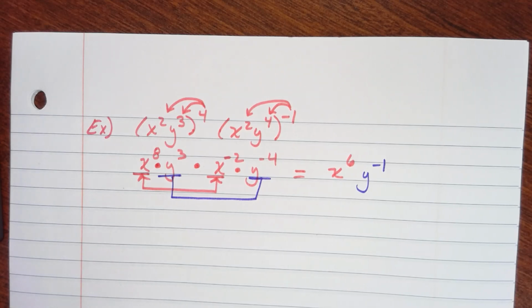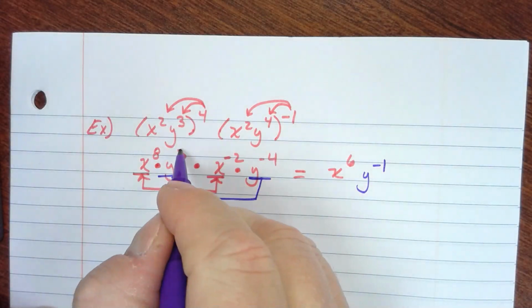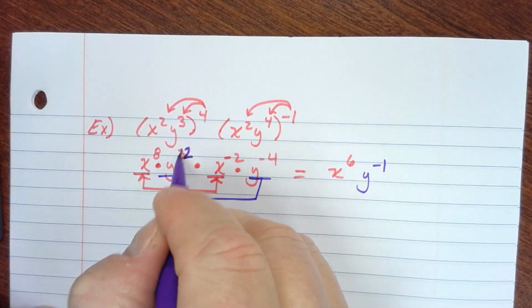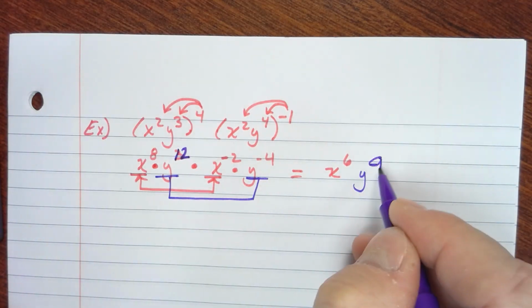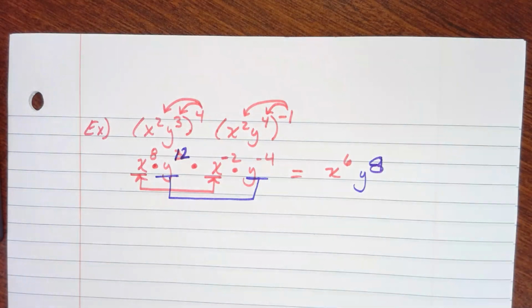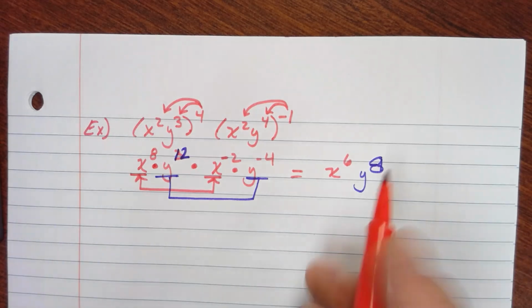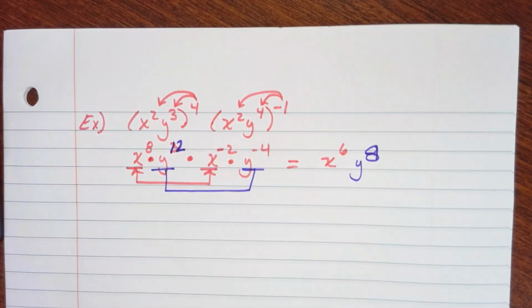If I did it right, but I didn't multiply correctly here, did I? That should be a 12, which means this is a y to the 8th. That is my final answer.